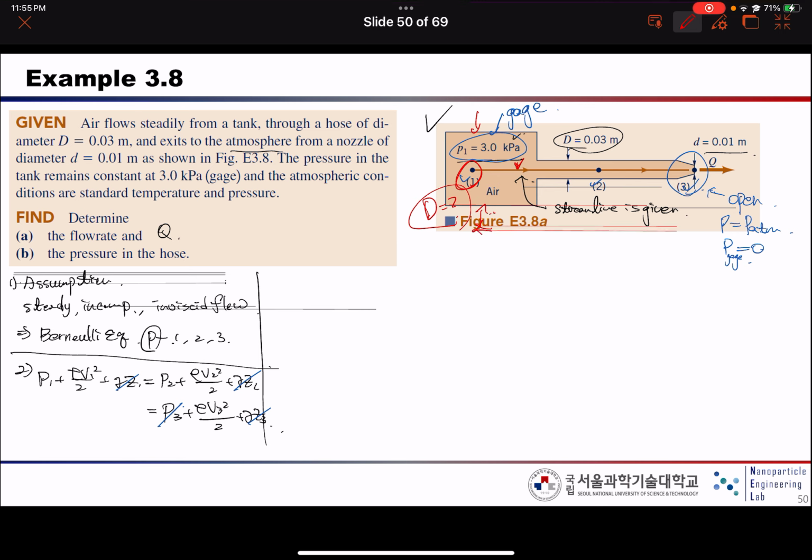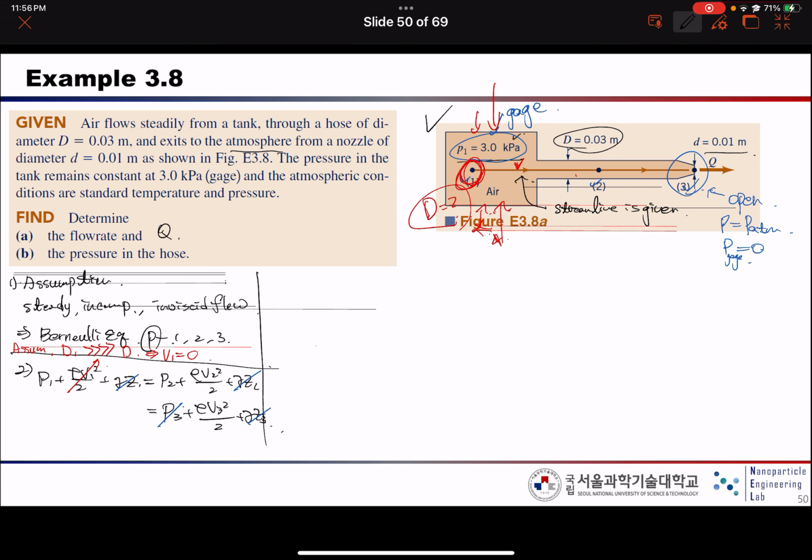So which means that we can safely assume that D1, this diameter, is much larger than the other diameter D. So V1 equals 0, so there is no velocity. So this one can be cancelled out. Okay, so this is what we got.